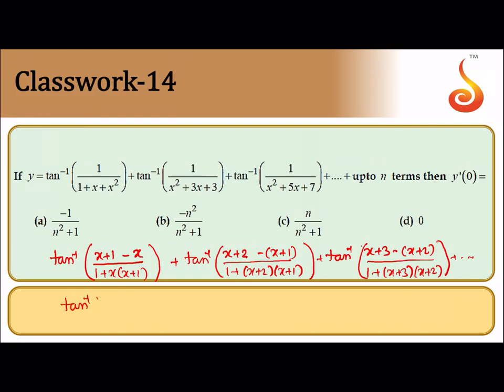See, you'll get the same. Plus tan inverse, similarly, (x plus 3 minus x plus 2) by (1 plus x plus 3 into x plus 2). So on it will continue.